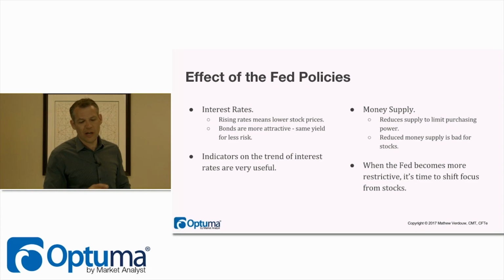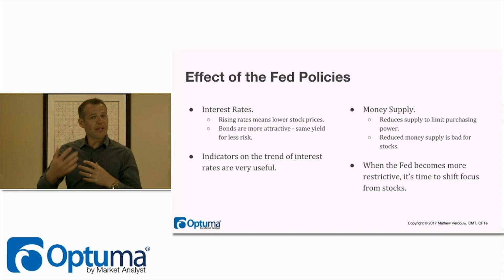So that's important. Now on the money supply, they can reduce supply to limit purchasing power. Obviously they can increase supply like quantitative easing. That was the Fed coming in, increasing the money supply, which then stimulates the market and boosts the buying power and the confidence in the market as well.